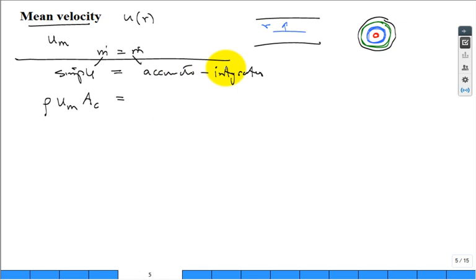So what I'm going to do is an integration. It'll be this: m dot is equal to the integral of a lot of little dm dots. And so what's the little flow rate in each of these little rings?